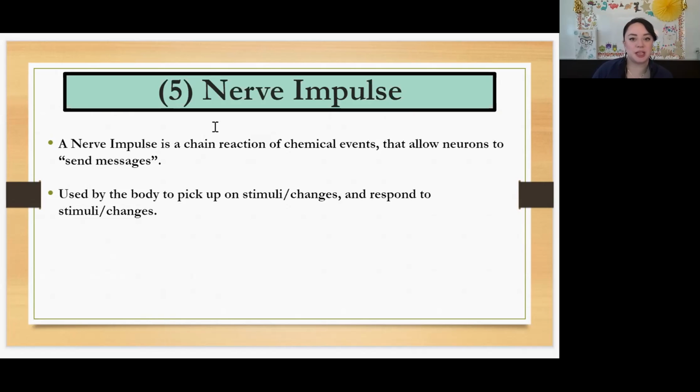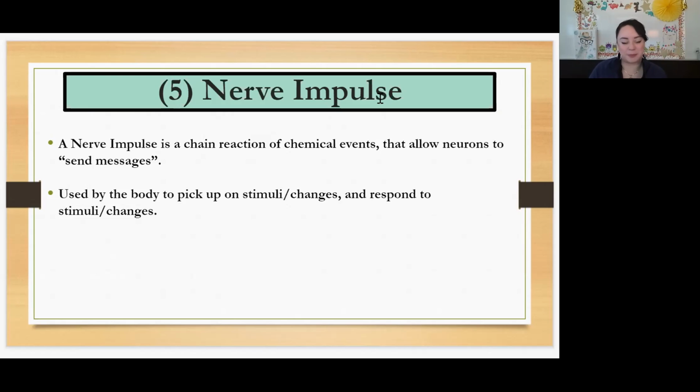So we are continuing here with our notes, and we're starting with the nerve impulse. When we talk about these messages that our cells are sending to each other and to and from our brain or central nervous system, they're not really messages in the sense of an email, a letter, a text message.